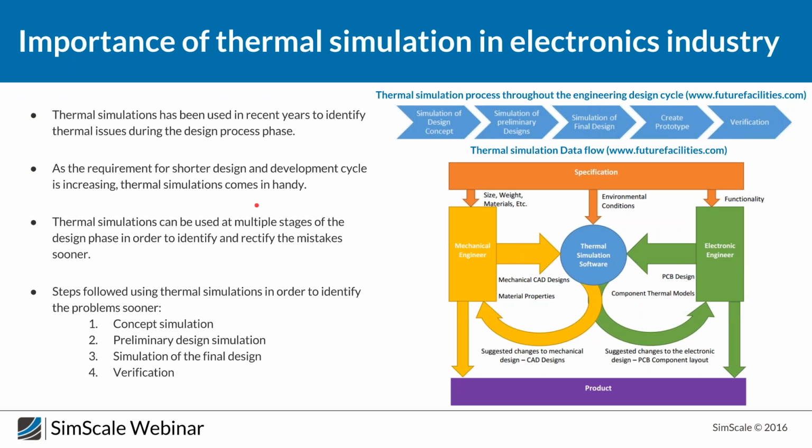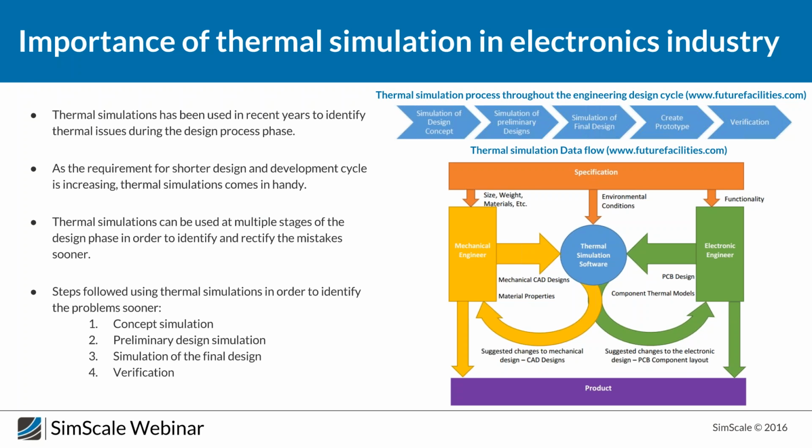Since the requirement for a shorter design phase and a shorter development cycle is increasing, thermal simulations are really becoming handy in this case. These thermal simulations can be used, for example, at multiple stages of the design phase, in order to identify problems in the design phase prior to the manufacturing phase.